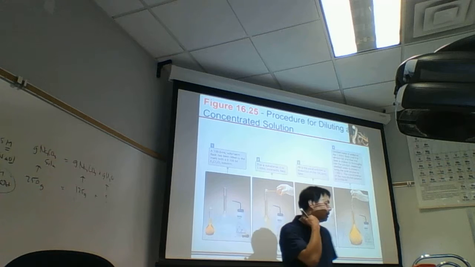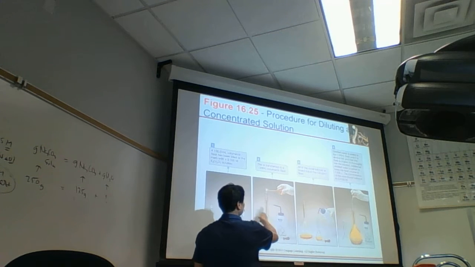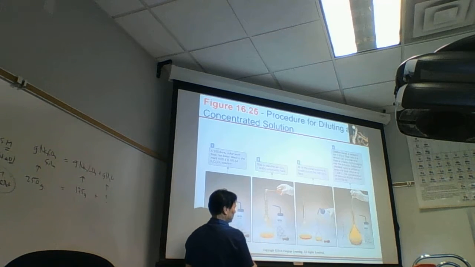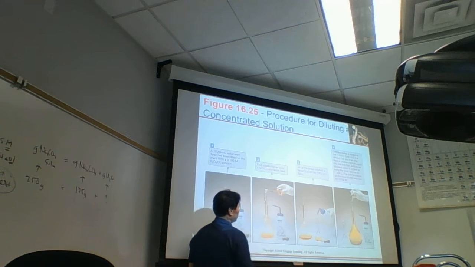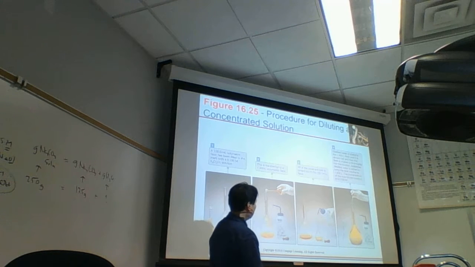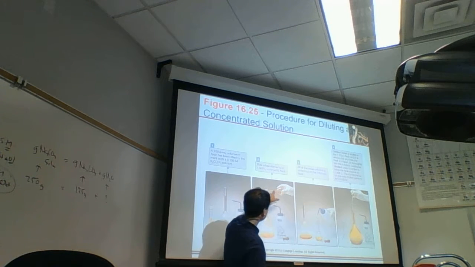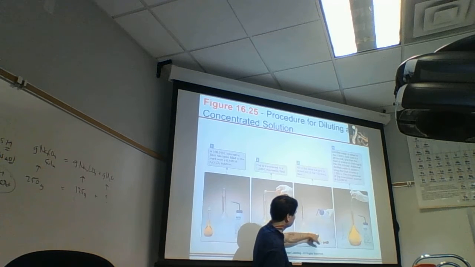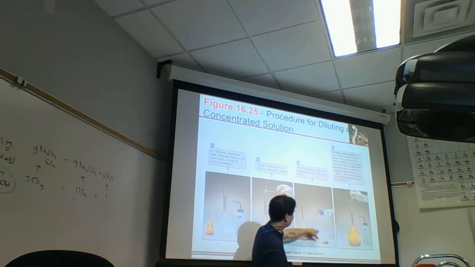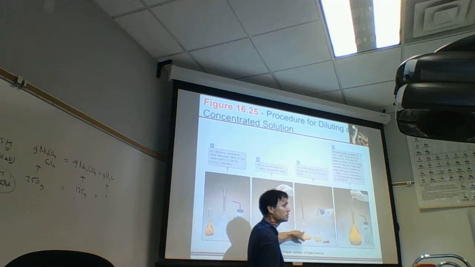Well, how do you do that? In practice, this is how you do it. You use volumetric flasks like this. These volumetric flasks are very expensive. These necks are fragile, so you don't want to break them. And we pour the concentrated in here. We got to make sure we get all the concentrated, so they're just rinsing every last drop into the big flask.